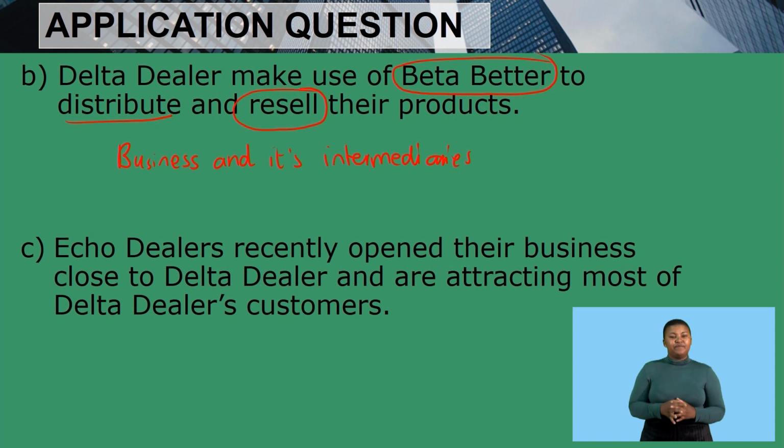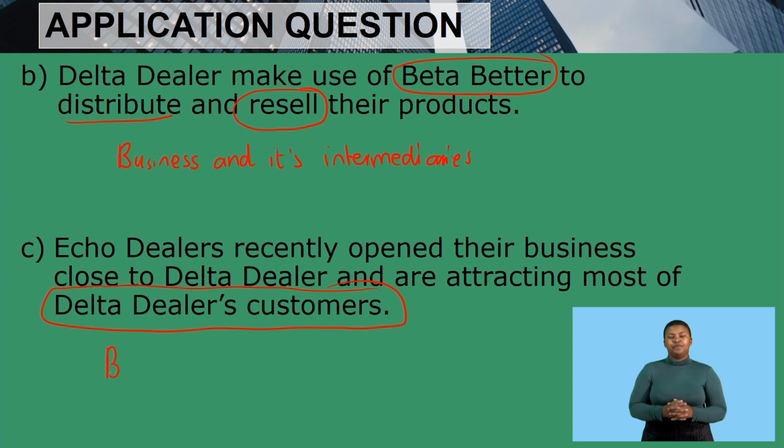Then statement C. Echo dealers recently opened their business close to Delta dealer and are attracting most of Delta dealers' customers. So we can then see that Echo dealers is a new entrant to the market, which means they are competitors to Delta dealer.